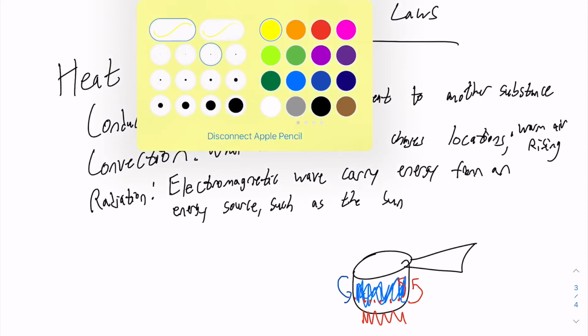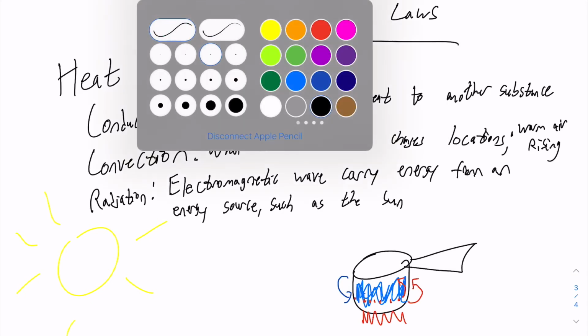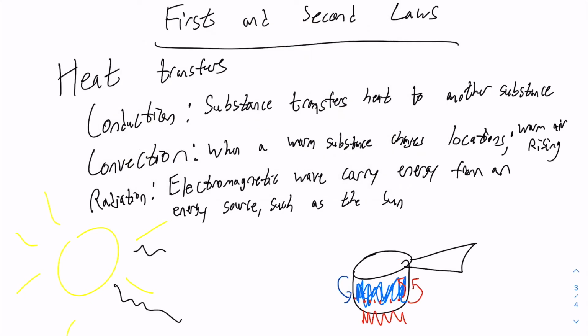All right, so if we have the sun, it has radiation that we can't see that's also going to Earth and being absorbed by molecules, specifically electrons. So sometimes those electrons get absorbed and then that energy goes up.